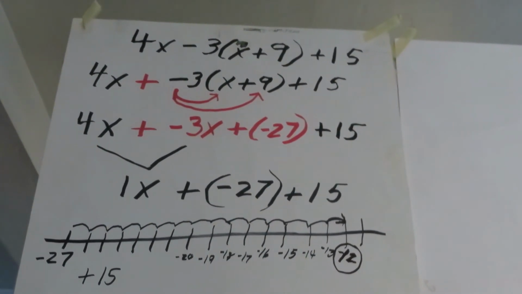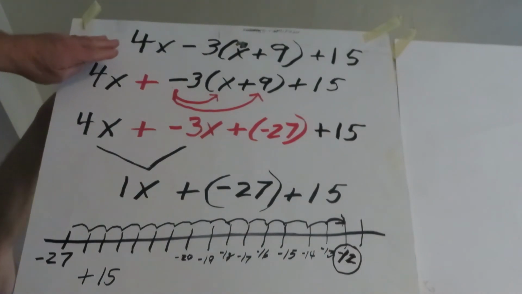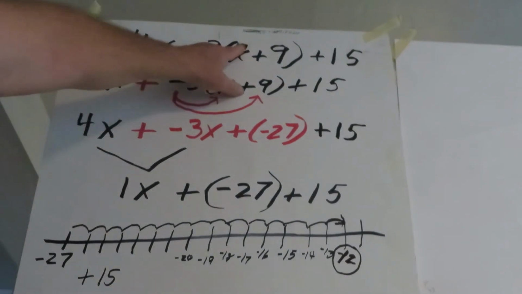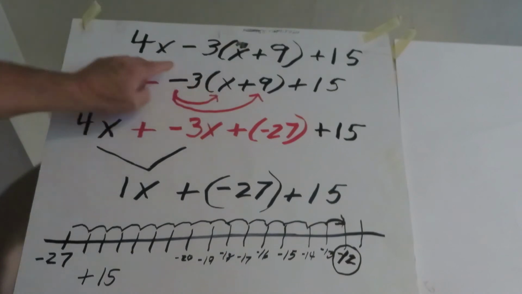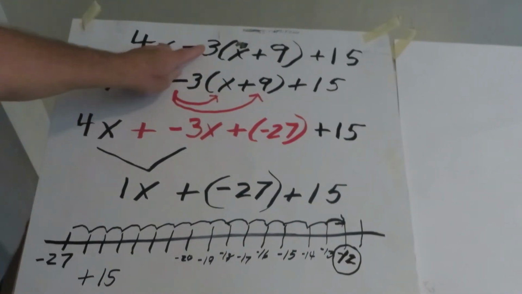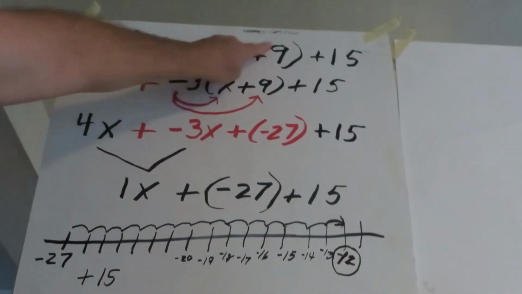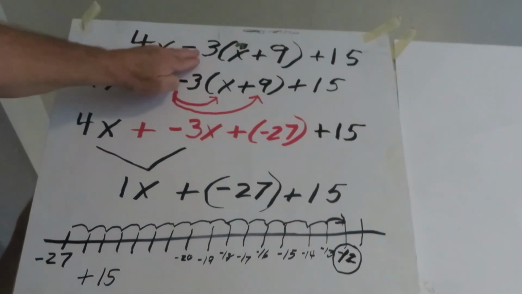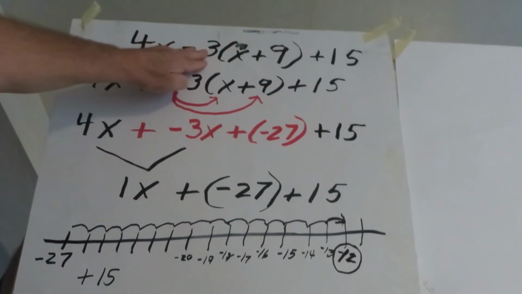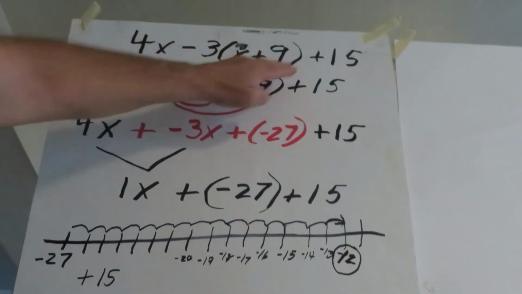This is one more example of the use of distribution to simplify an algebraic expression. Don't be thrown off by that little mark, it's just a stray mark. This is 4x minus 3 times x plus 9 plus 15. So we have to distribute the negative 3 across here.